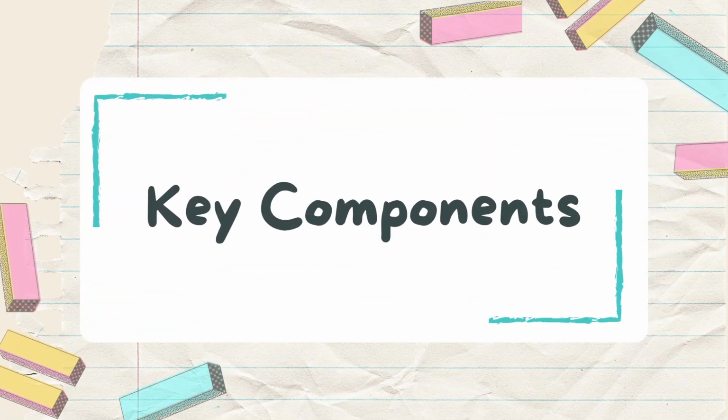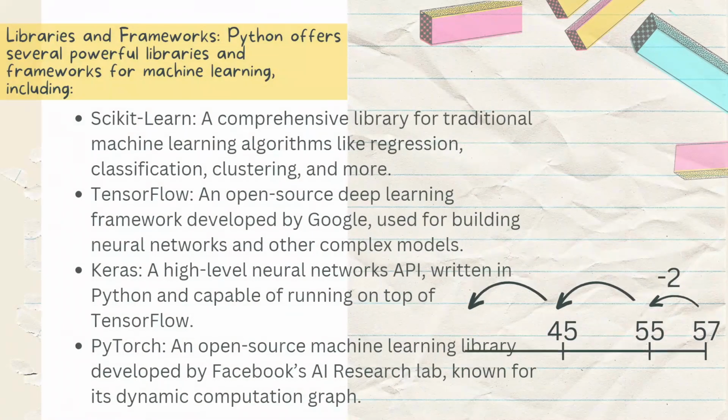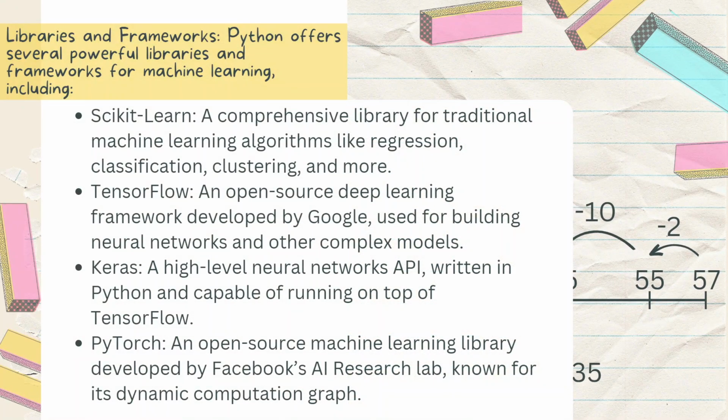So let's check out the key components of machine learning with Python. Libraries and frameworks. Python offers several powerful libraries and frameworks for machine learning. Those include Scikit-Learn, which is a comprehensive library for traditional machine learning algorithms like regression, classification, clustering, and more.